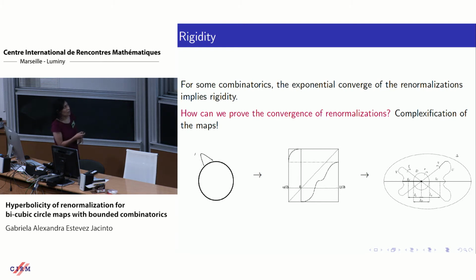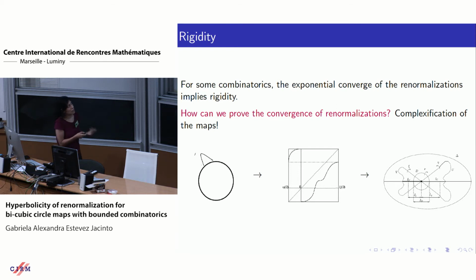So here we have an interval map, and here we can find a domain where eta is defined, and the same for the other part of the interval. So these three, because this is a domain of the origin, these three intervals are analytic, and they go to this bigger disk. So this is the complexification for this renormalization.